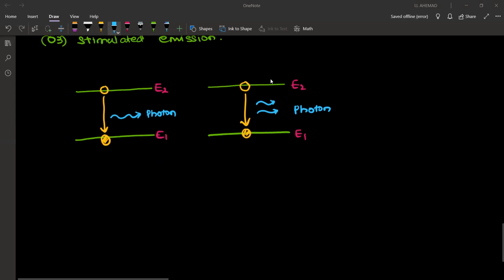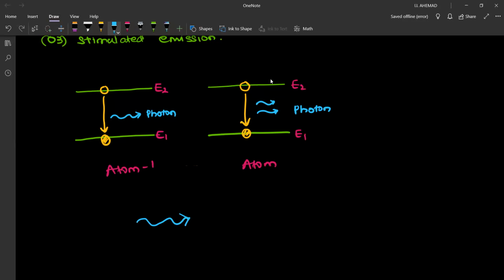So here, this is one atom, and this is another atom. In this atom, we already have an excited electron, and here also we have an excited electron. So in this first atom, atom 1, a spontaneous emission occurs. Due to this spontaneous emission, a photon is released. Now this photon will travel, right?